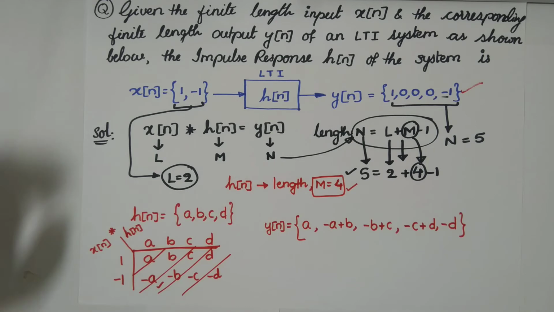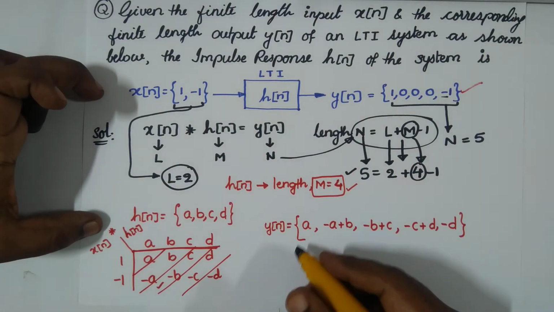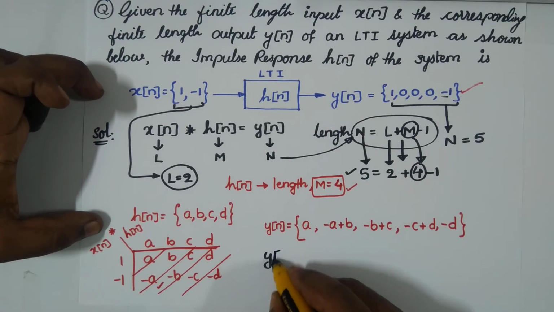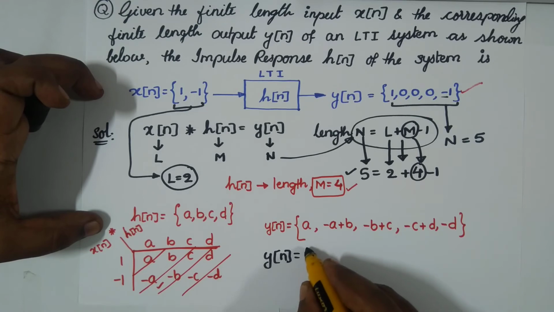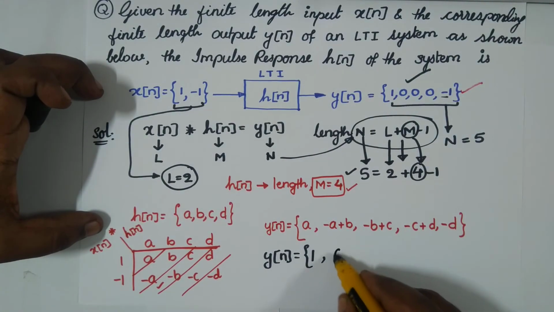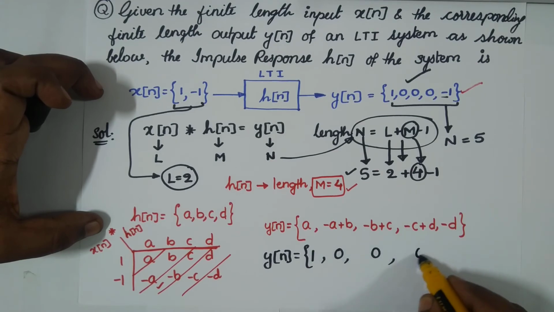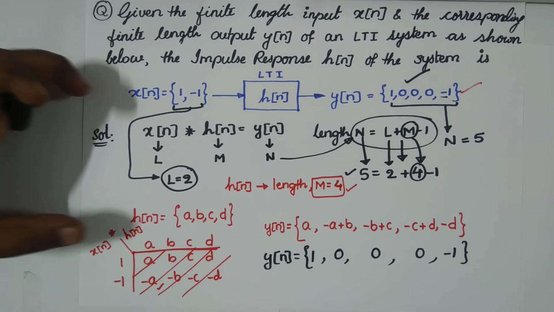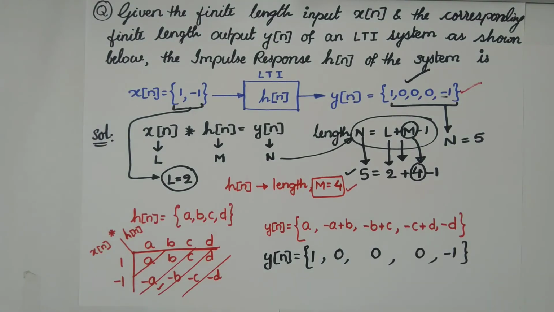Now just equate with the given question, where y of n is given as 1, 0, 0, 0, negative 1.